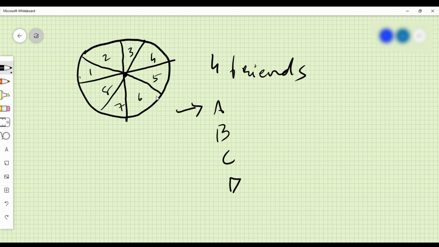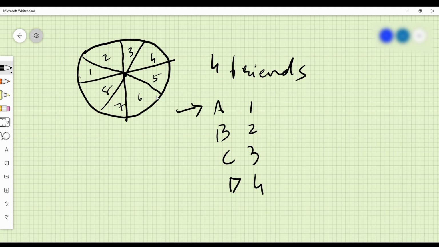Now I'll give my first piece to A, second piece to B, third piece to C, and fourth piece to D. And now I will again divide, because I want to make sure that everyone gets the same. So I will first divide one by one.